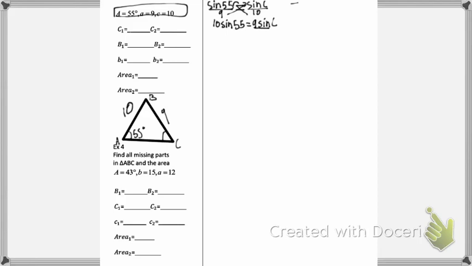Now let's divide 9 on each side so we can leave angle C alone. So let's calculate this. 10 sine 55 divided by 9 equals approximately 0.910.